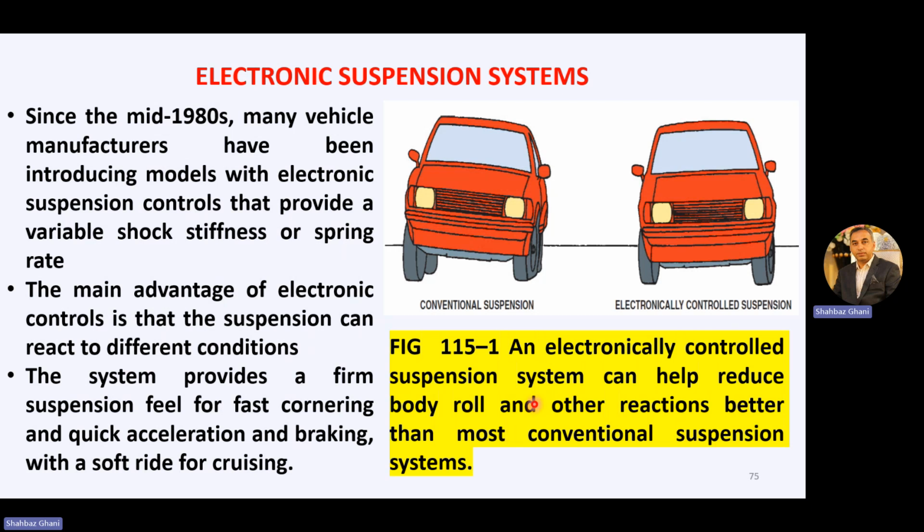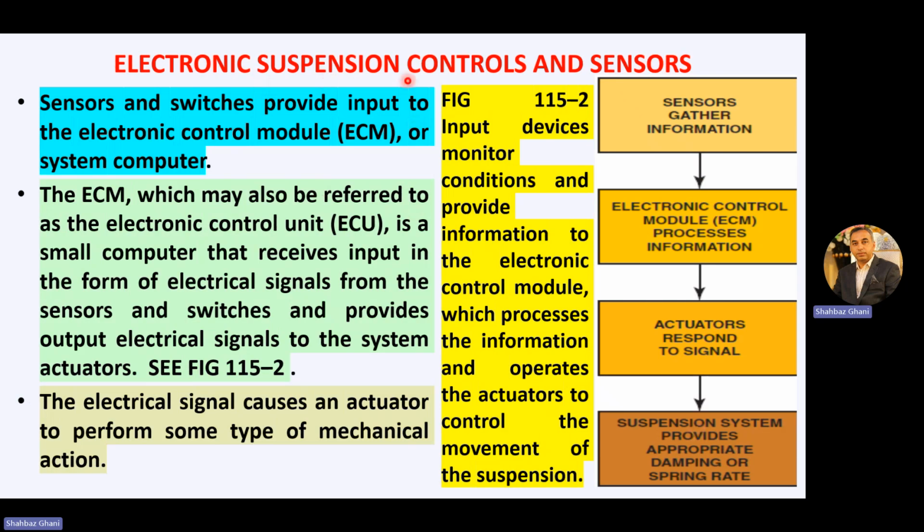Basically the sensors are giving input, and with the help of those sensors, the electronic control unit of the suspension system is maintaining those forces in all scenarios. Electronic suspension controls, sensors and switches provide input to the electronic control module, or supercomputer.